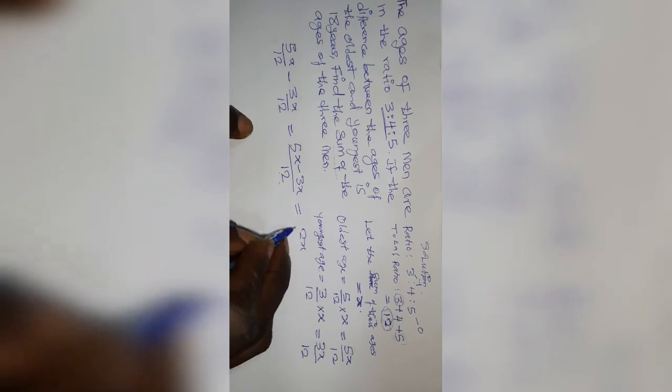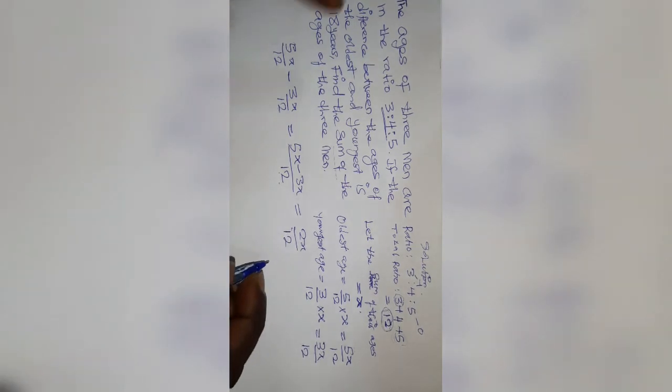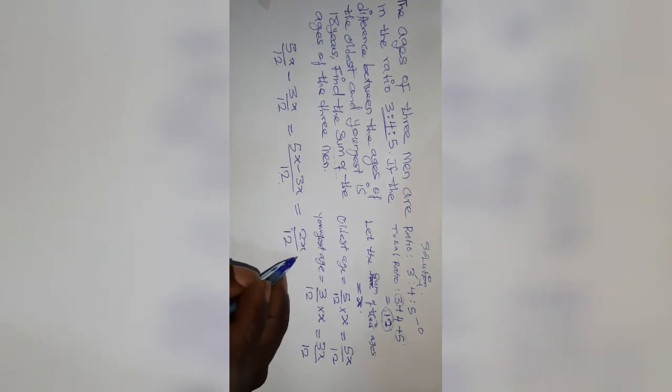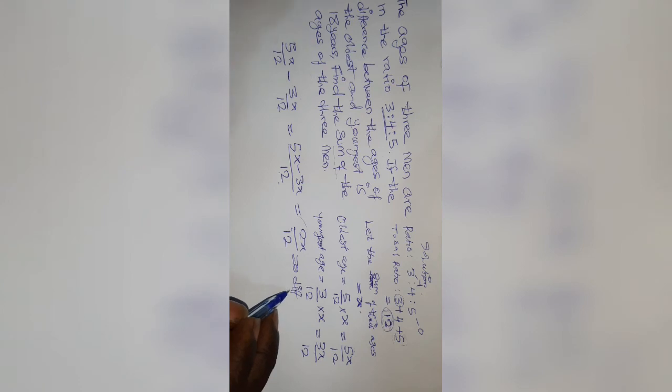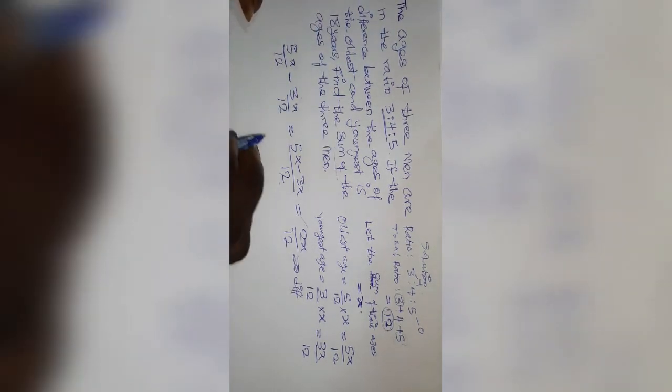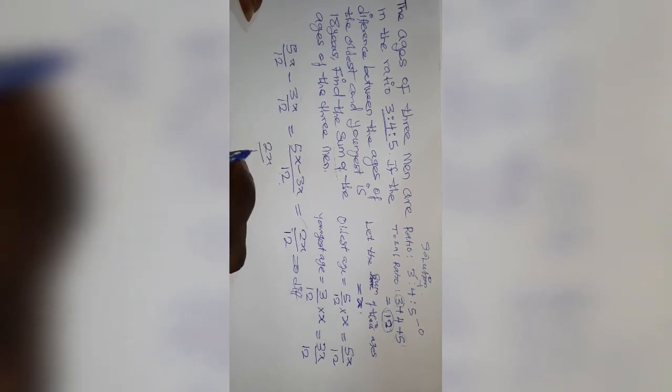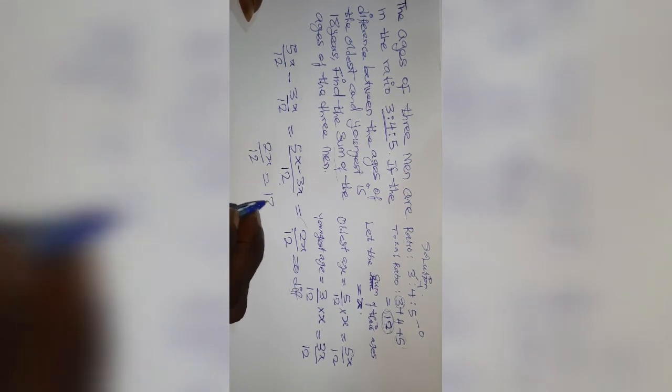So that will give us 2x over 12. And don't forget, this is the difference between the ages of the oldest and the youngest, which is 18. So we can now say 2x over 12 is equal to 18.